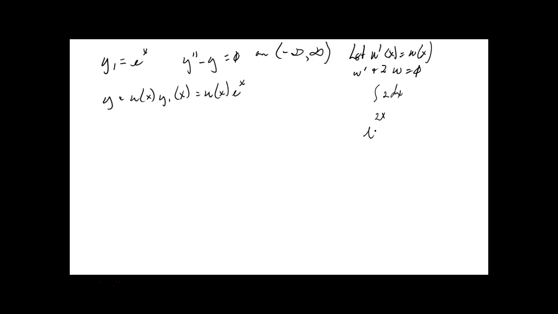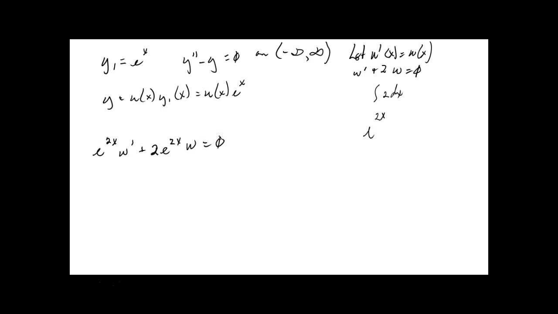That's our integrating factor, and we have e to the 2x w prime plus 2e to the 2x w is equal to 0.